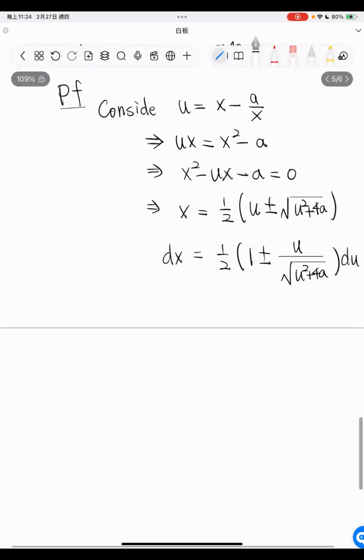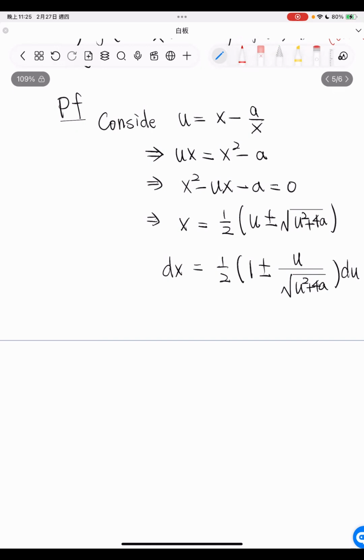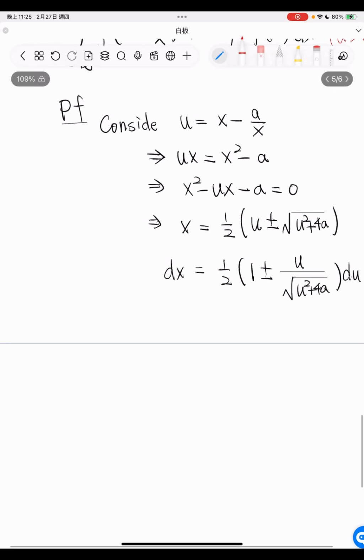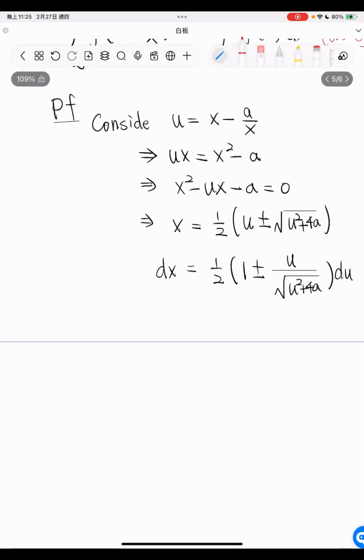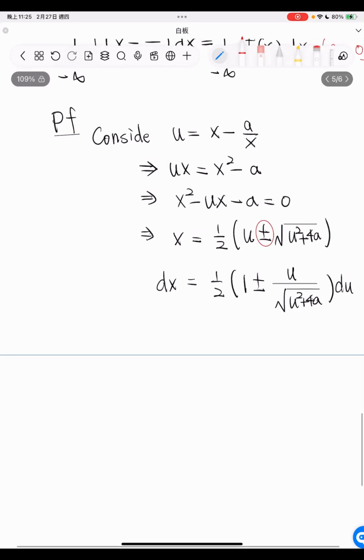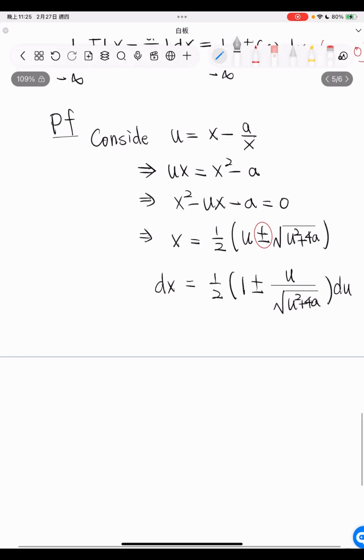So let's consider when we will choose the positive or negative. We notice that the absolute value of this term is always bigger than this one.